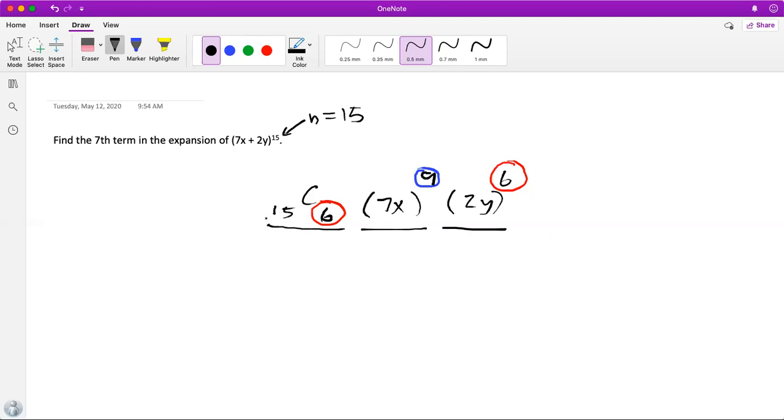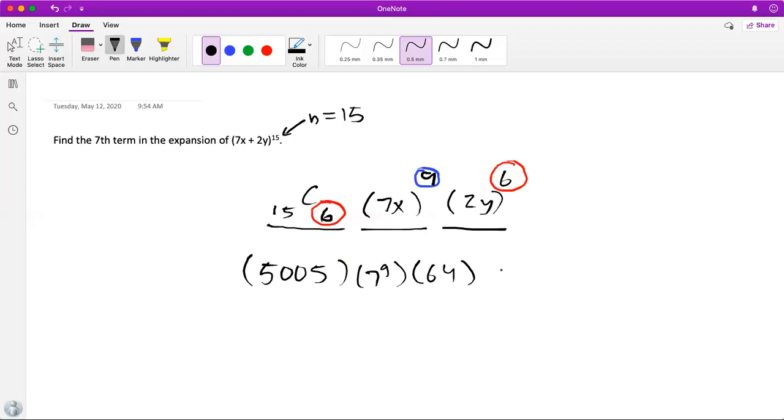15 choose 6 is going to be a pretty large number, I would guess. And it is 5,005. 7 to the 9th is a very large number. I'm not even going to write it down. It's just too big. 2 to the 6th is 64. If I try and do 7 to the 9th times 5005 times 64, I get a number that's so big.